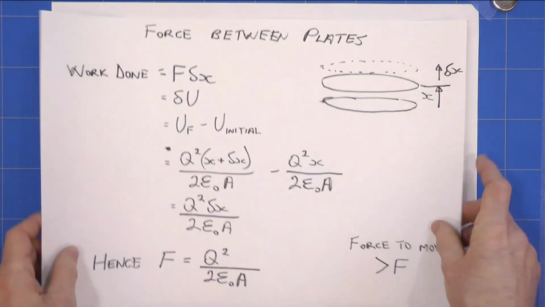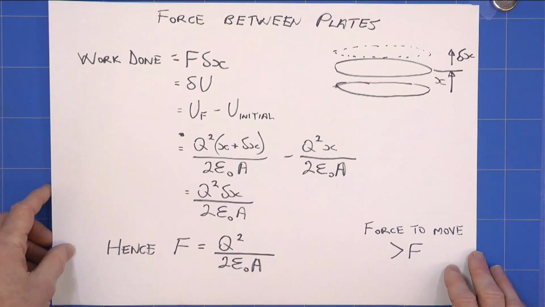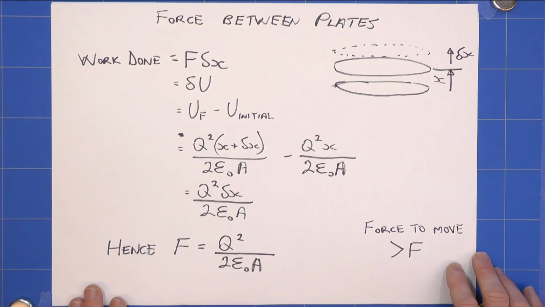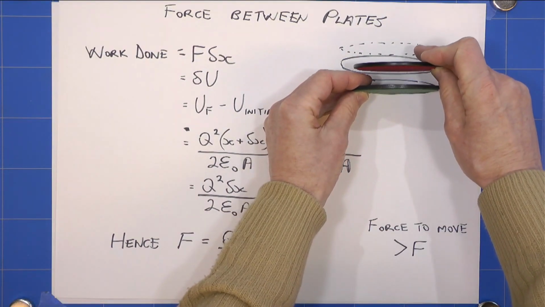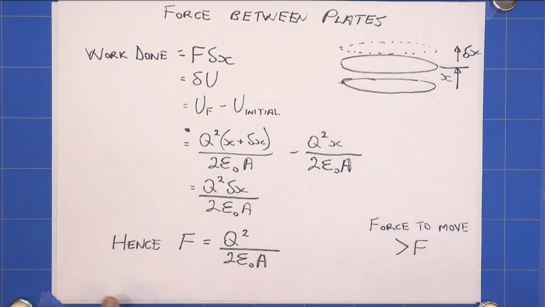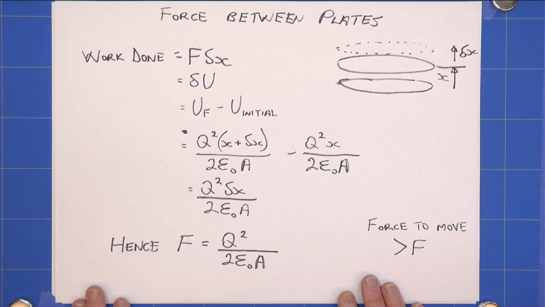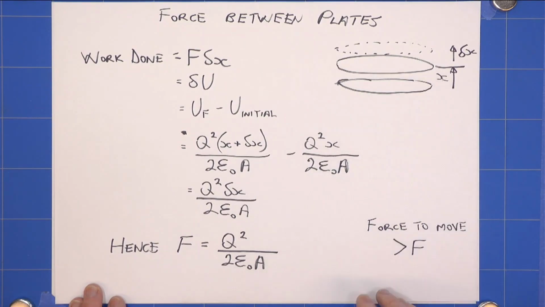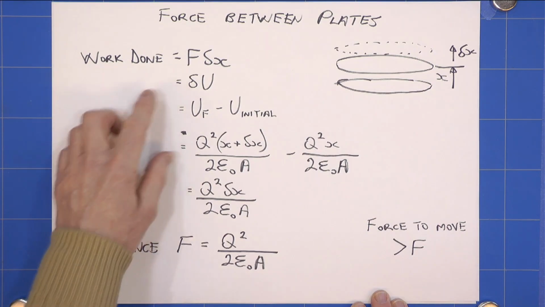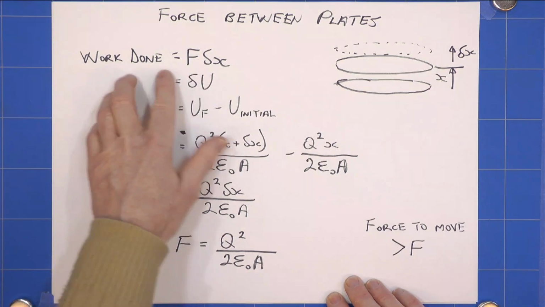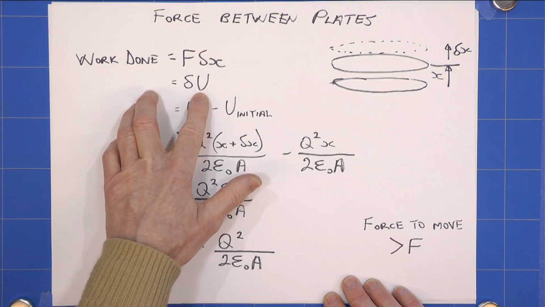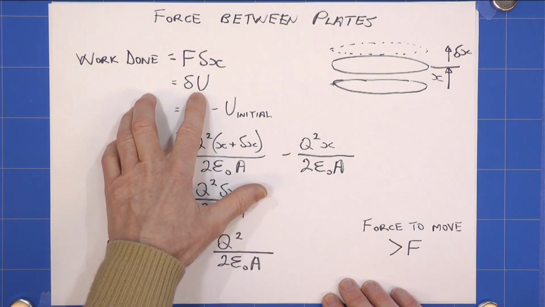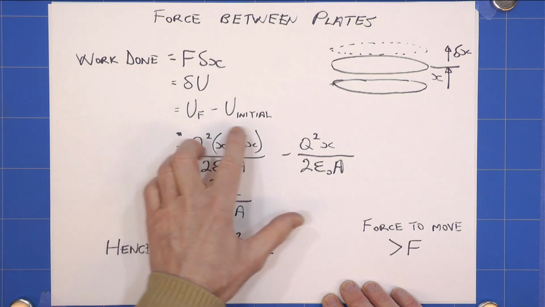Right. The force, jumping back, the force between the plates we can get from the energy again. If we consider our two plates and move them a tiny bit, a delta x, we have increased the volume a slight amount, so we've changed the energy of the field, and we've also done some work. We know force times distance, so the work done is force times delta x, which is equal to, because we have a conservative system, the change in energy delta U, or in this case U final minus U initial.